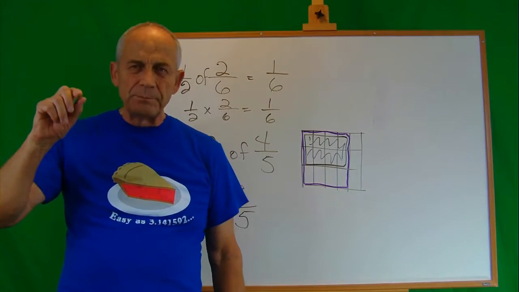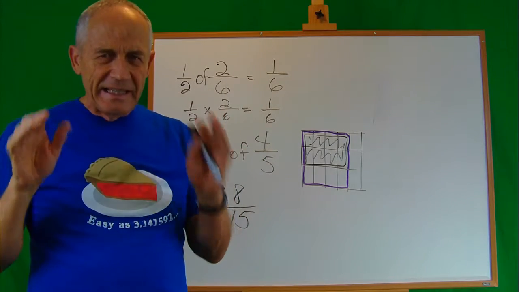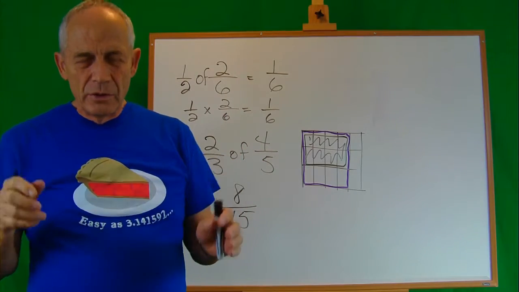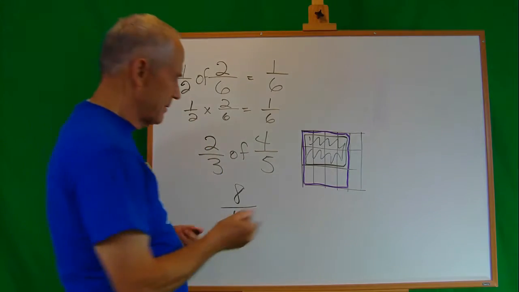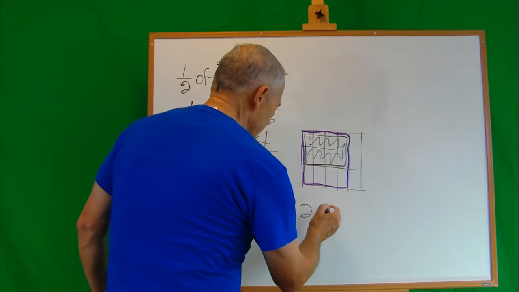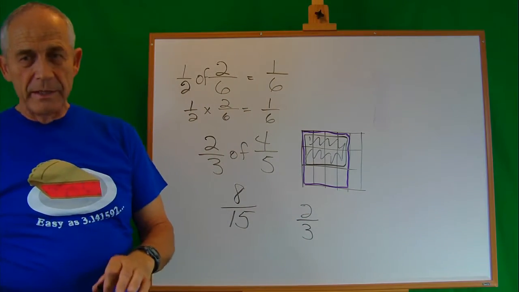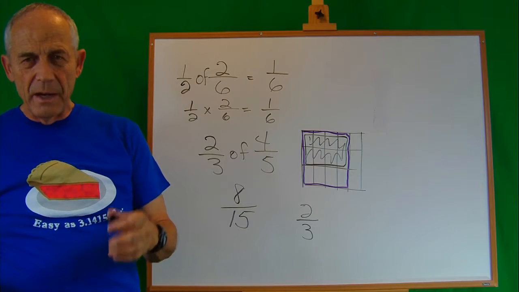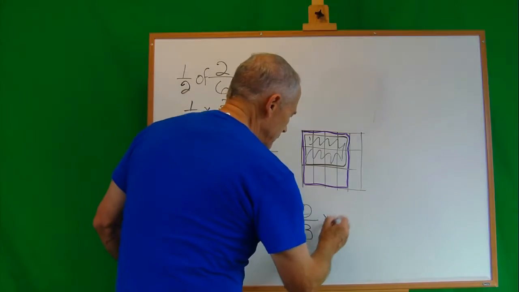Now, first of all, make sure you're clear that your brain sees that that is the case. 2/3 of 4/5 is equal to 8/15. And then I'm going to write that, 2/3, and now I'm going to put the equal sign in there. In place of the of, I'm going to be talking about 2/3 times 4/5.